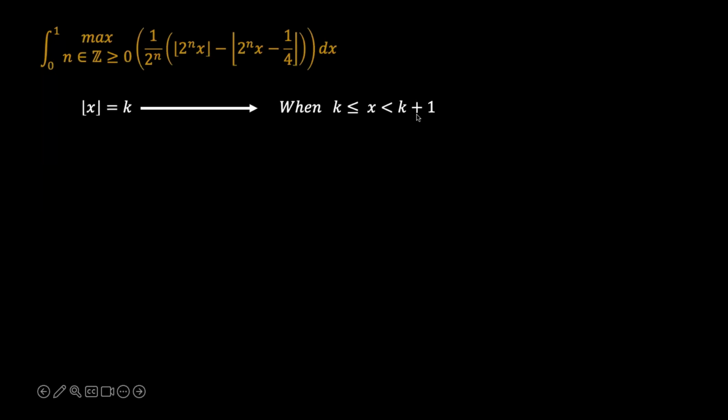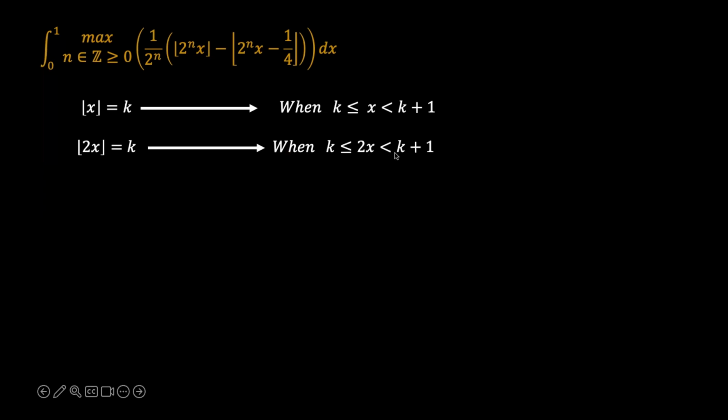As soon as x is equal to k plus 1, this value shifts to k plus 1, and so on. Then the floor function of 2x is equal to k when 2x is between the integers k and k plus 1.